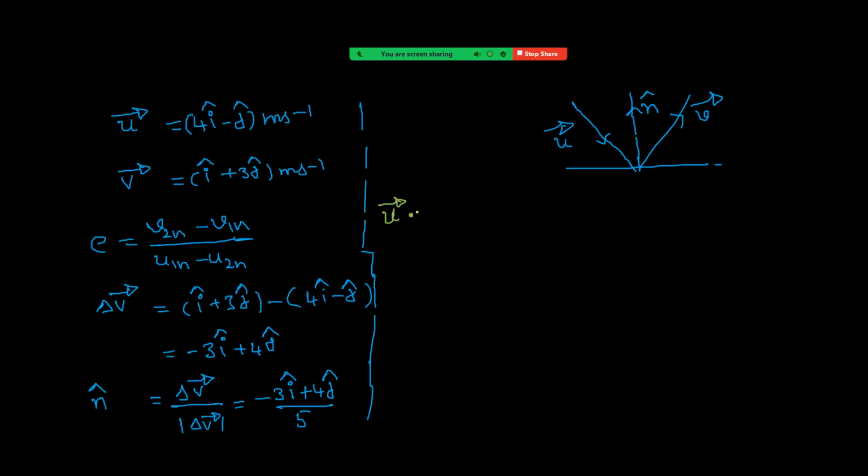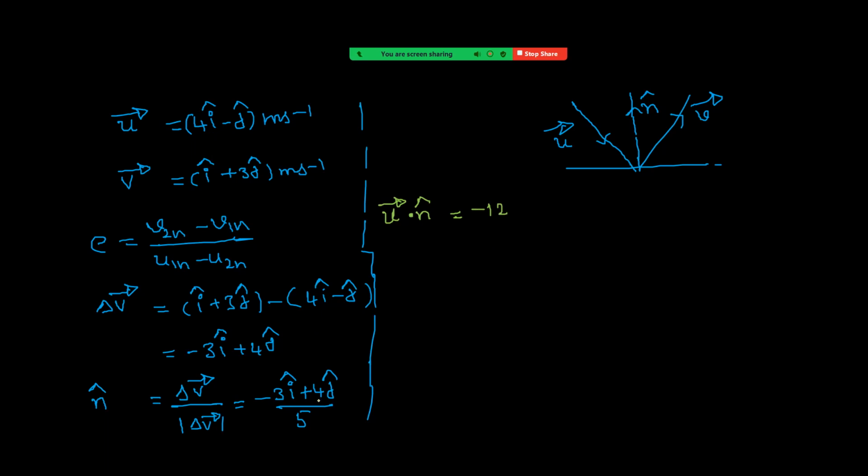So I'm taking u bar dot n cap. Whenever we want a component along one direction, we have to take the dot product with a unit vector, right? Let us see what we get here. u bar dot n cap: 4 i cap times minus 3 i cap gives minus 12.